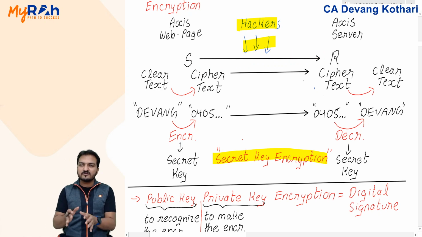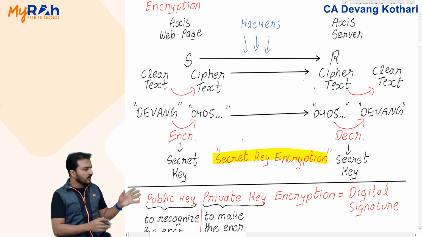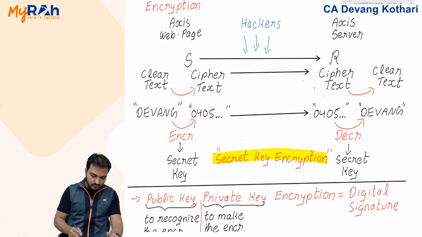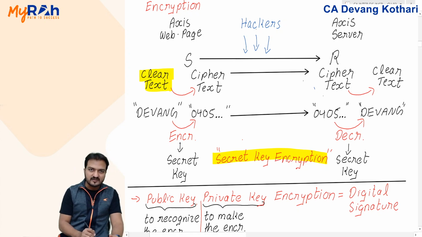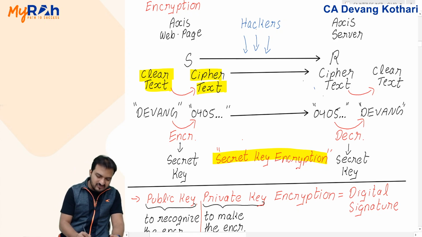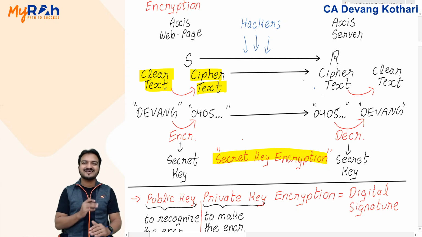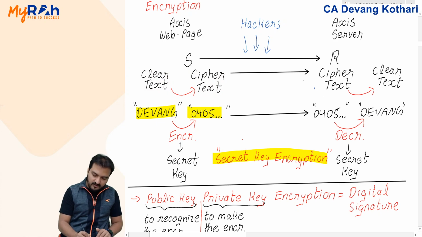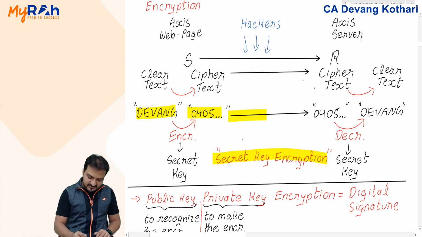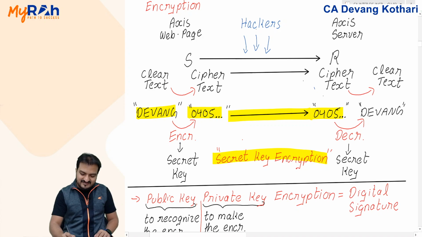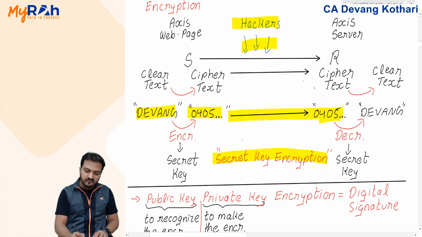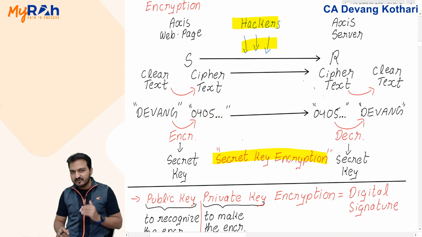To prevent that, what we did was encryption. How does encryption work? Well, what encryption did was my clear text, normal text, was converted into ciphertext. Ciphertext is a coded language. So my normal text is converted into some code language. Now what is transmitted on the internet is that code language. Does that prevent the hacker from hacking my transmission?